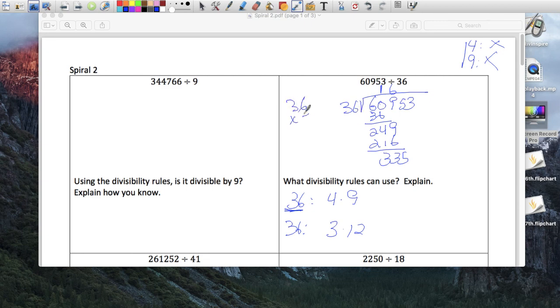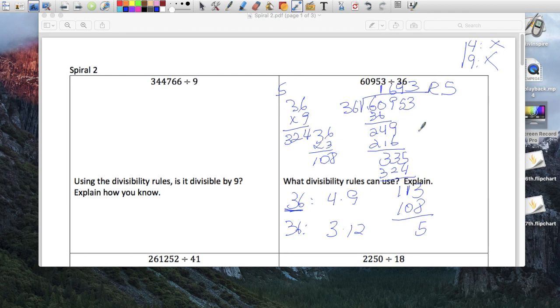Let's check. 9 times 6 is 54, carry the 5, 27 plus 5, 32. And I have an 11 left over. Bring the 3 down. That's going to be 3 times, right? Because 36 times 3 is 108. I have 5 left over. So we knew it was going to have a remainder, 5. Okay, it was not going to divide evenly.